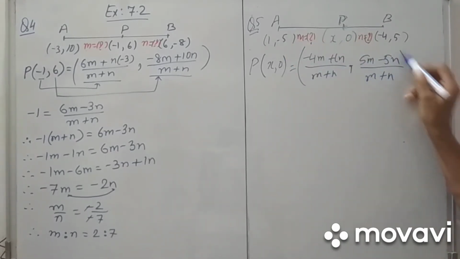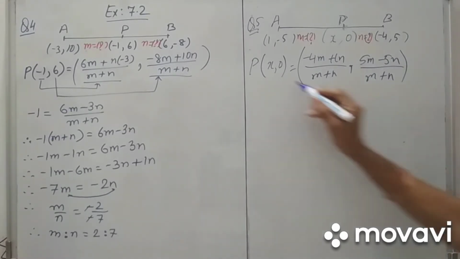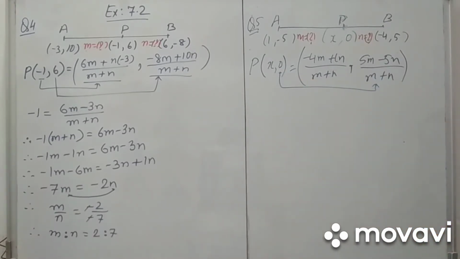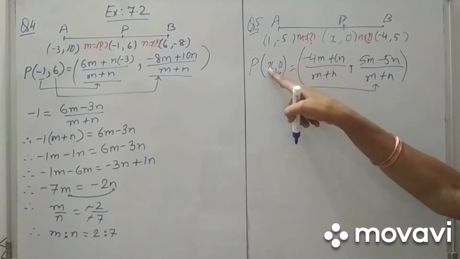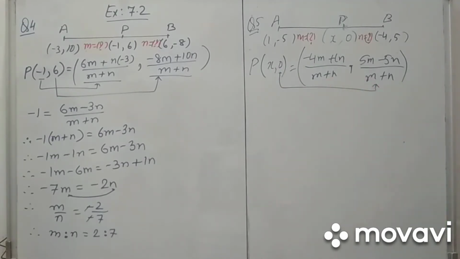And m plus n. Now dear students, here I am comparing the y coordinate 0 with this y coordinate, because here x is also unknown and m and n are also unknown. In the earlier case both values were known, so we could use any of them.